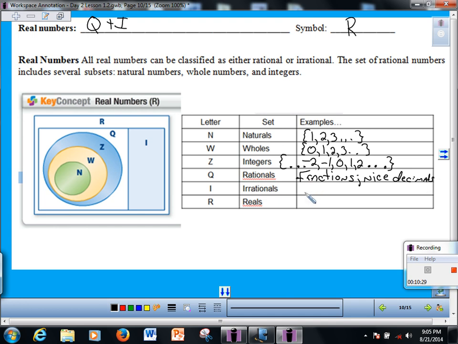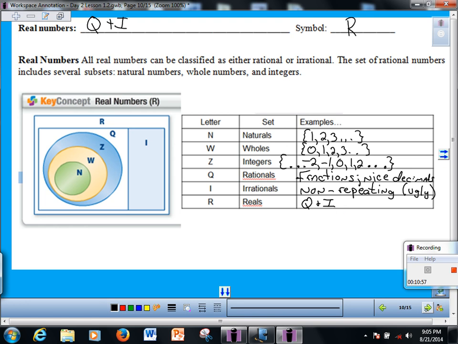Remember the irrational numbers, these are our non-repeating. A lot of times in class, I'll call these the ugly decimals. There's no pattern to them. And then real numbers is our rationals and our irrationals. So that's just some facts I had to throw at you guys.